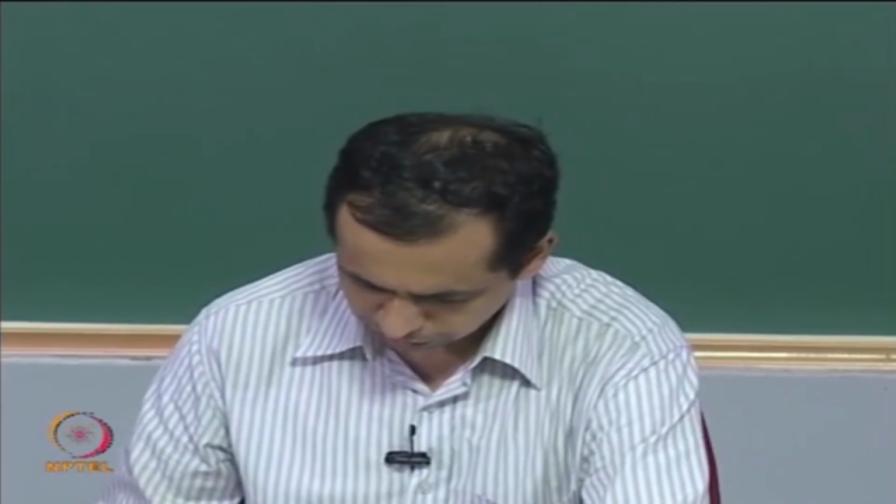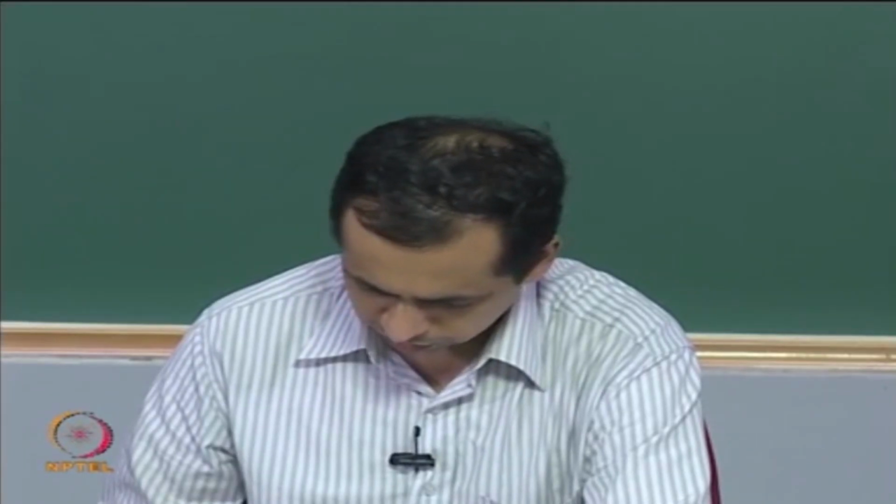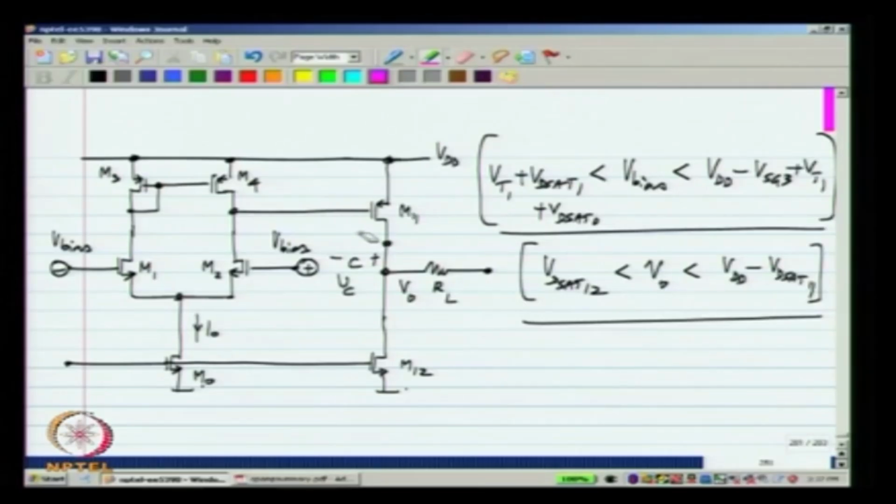Now, one thing I did not mention earlier, let us say we have a two stage op amp. One of the refinements we can do to this to make it more stable is to add a resistance in series, okay, so that the right half plane 0 is cancelled.